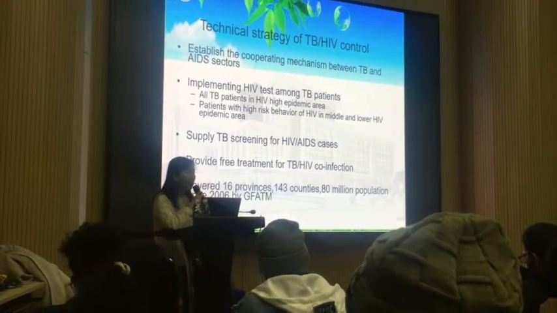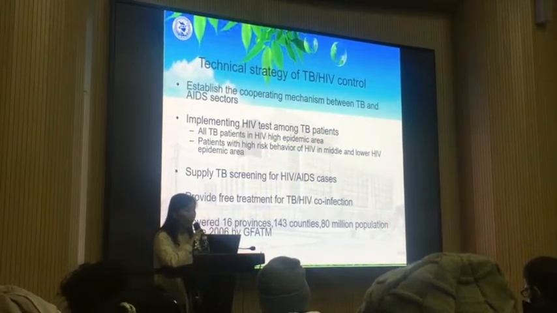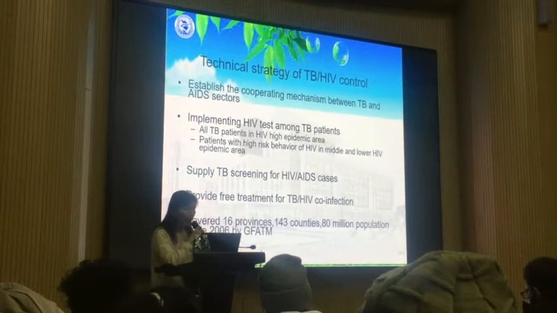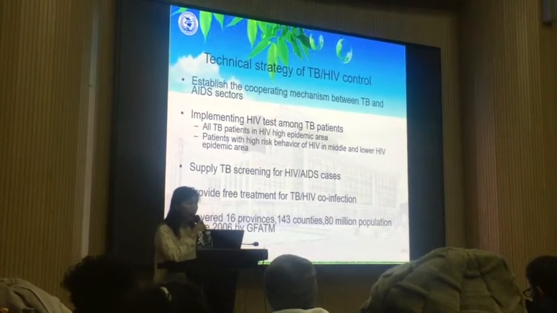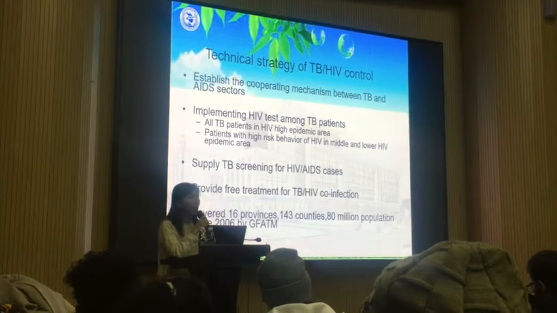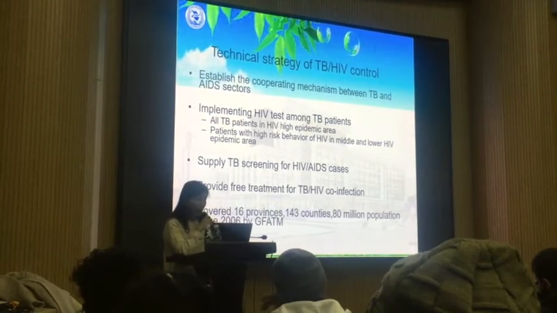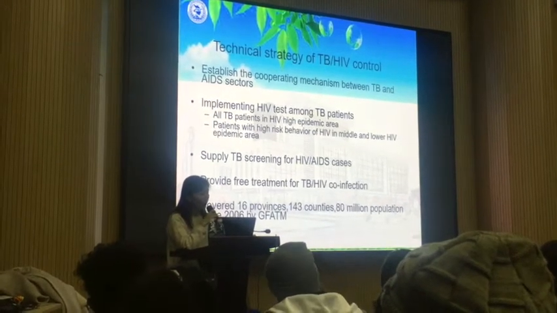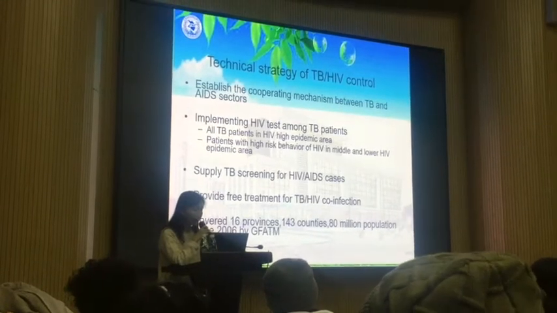Also, all the HIV and AIDS cases receive TB screening. You know the HIV and AIDS cases are a high risk population for TB. And also we provide free treatment for TB HIV co-infection.